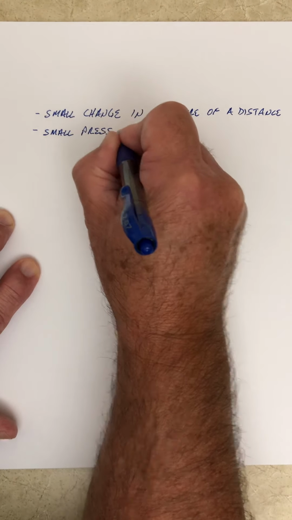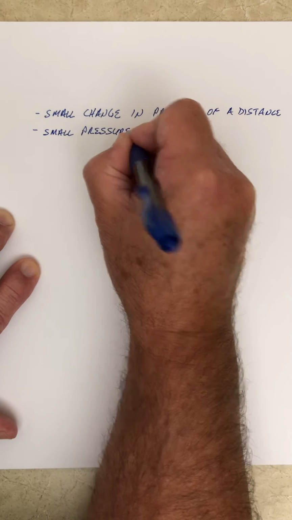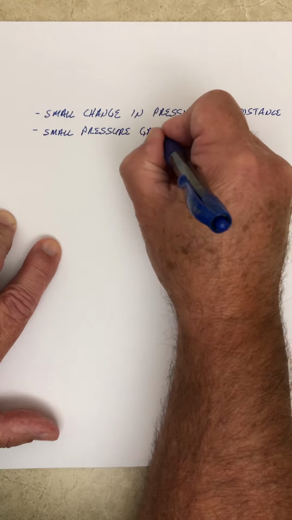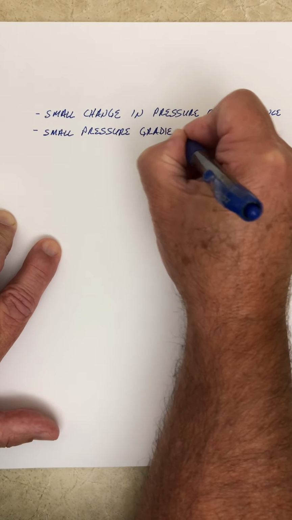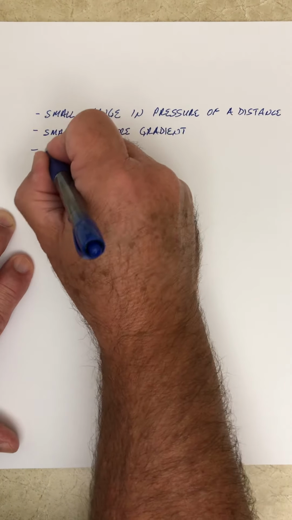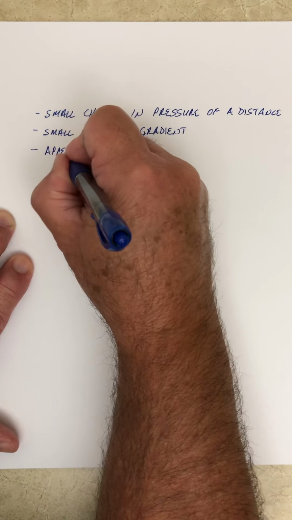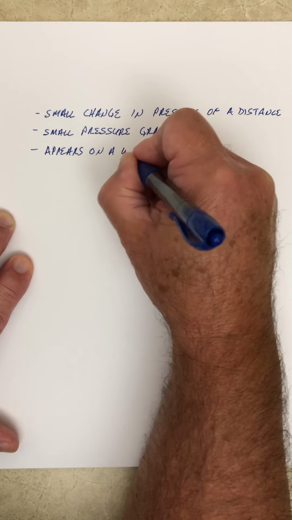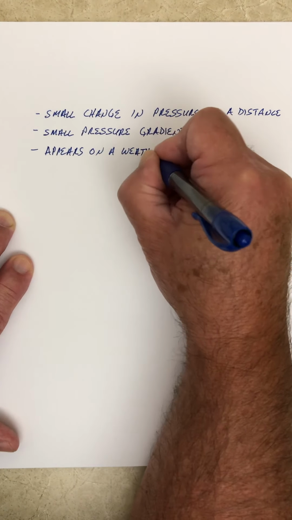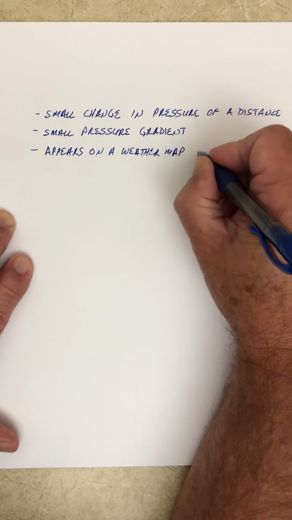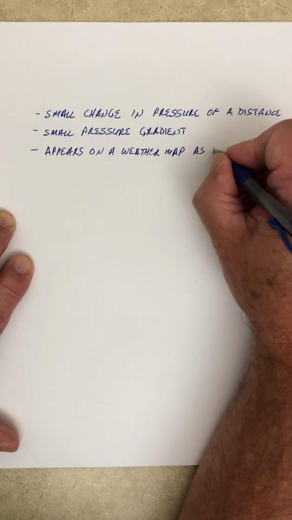So with a small pressure gradient, the pressure is not changing a heck of a lot over a distance. And on a weather map, this appears as widely spaced isobars.